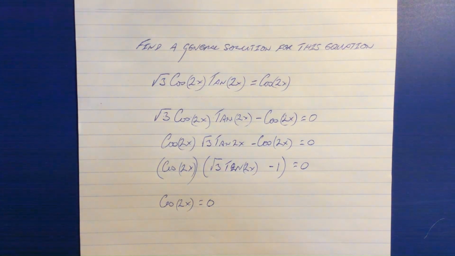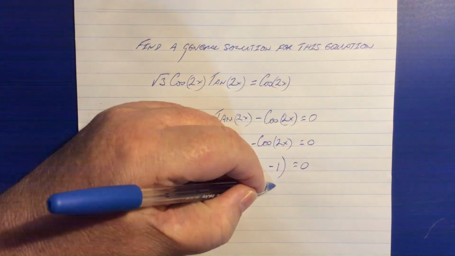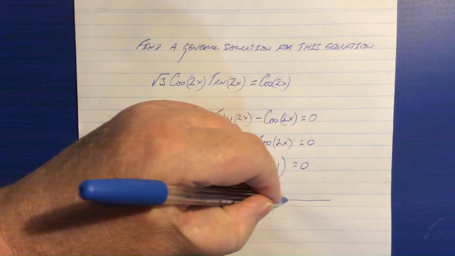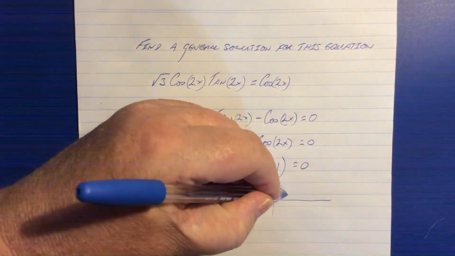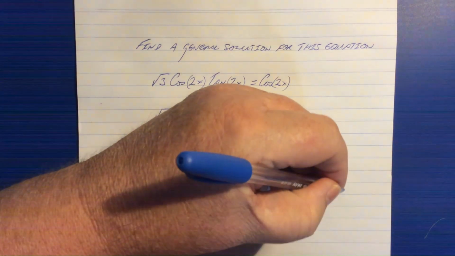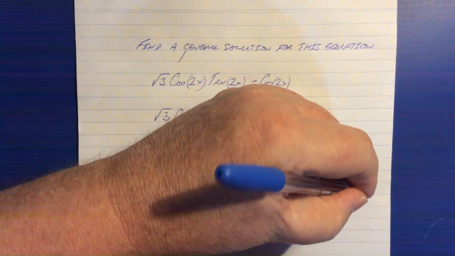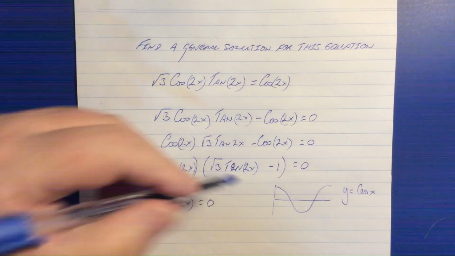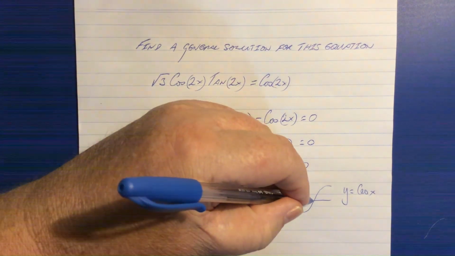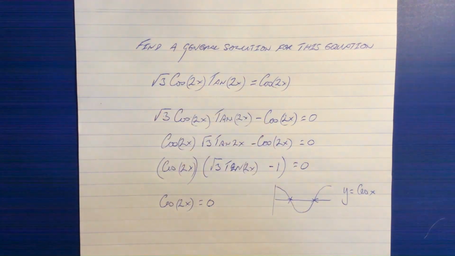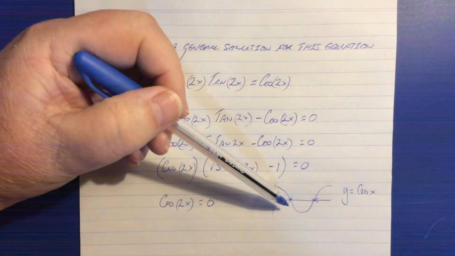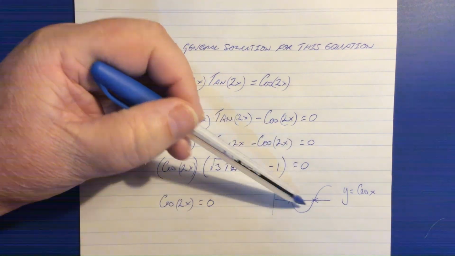Well, where is the cosine of x, note I say the cosine of x, equal to 0? A very quick little drawing here, a very rough sketch of y equals cos x. Please note, not 2x. Here and here we have the cosine of x equaling 0.